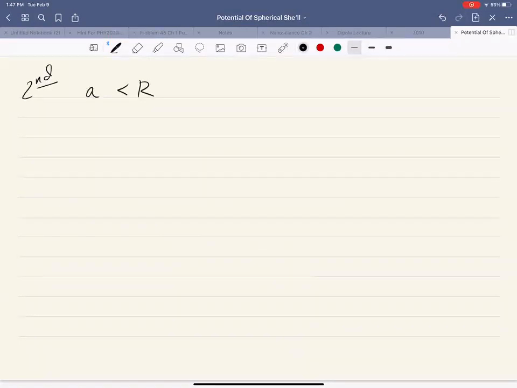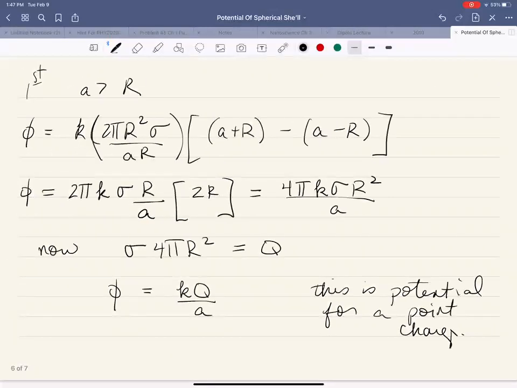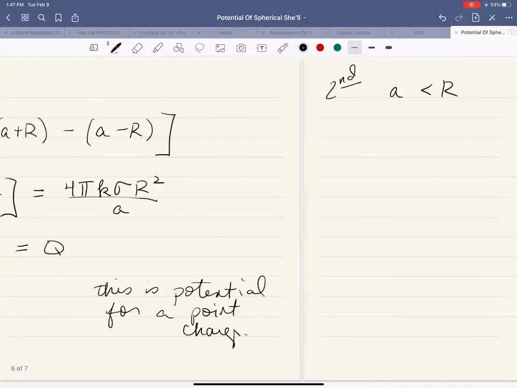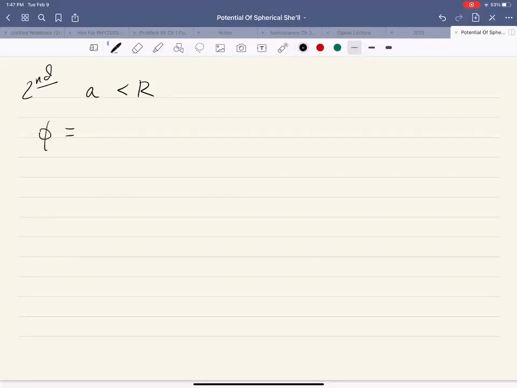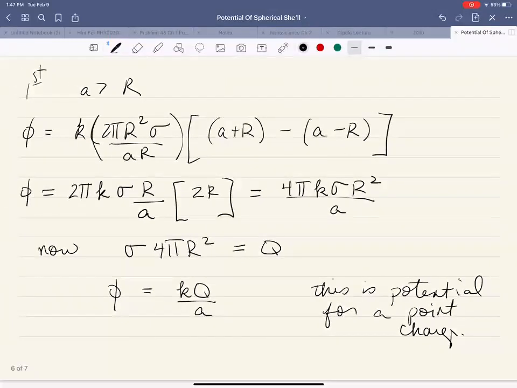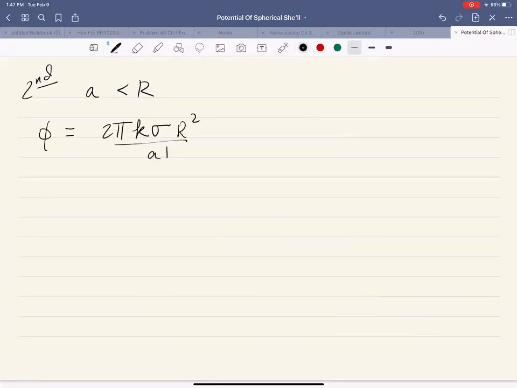Now this is the slightly more interesting case, right? So if that's the case, then going back to our expression here, we would have K times 2 pi R squared sigma over AR, and then times A plus R minus, and then R minus A. So it would be phi equal to 2 pi K sigma R squared over AR, and then times A plus R minus R minus A. Okay.